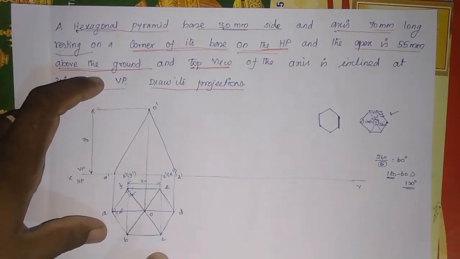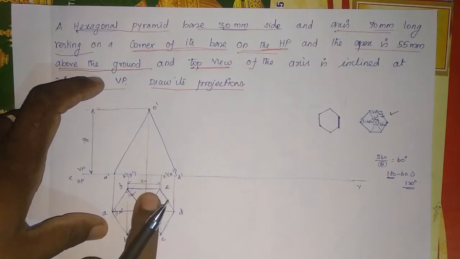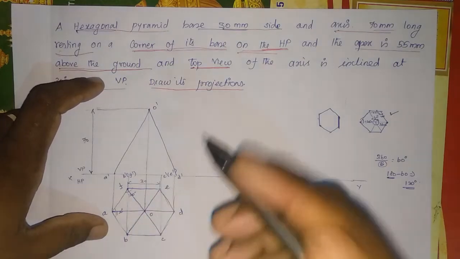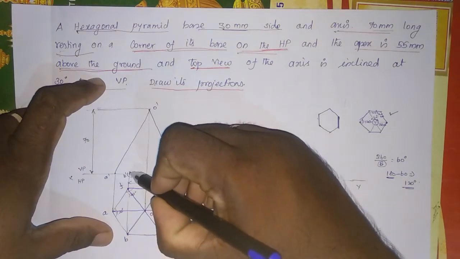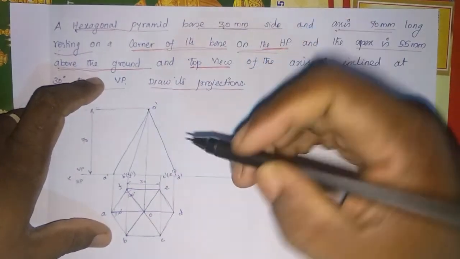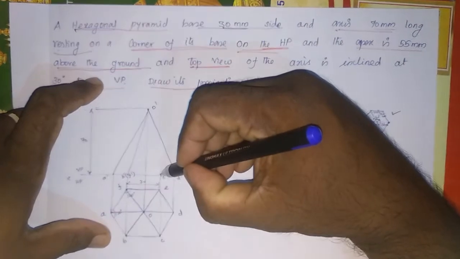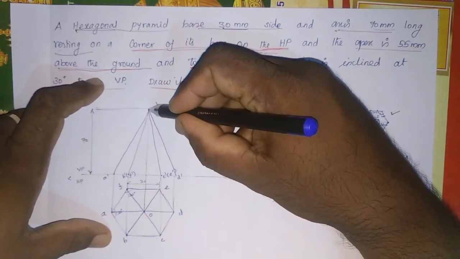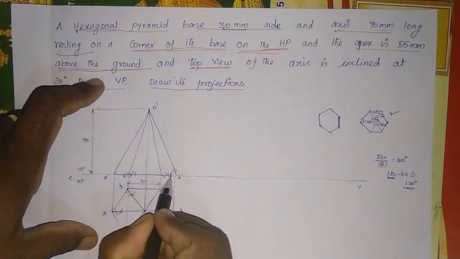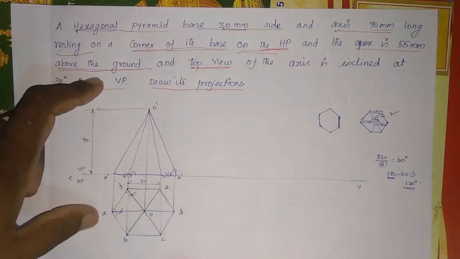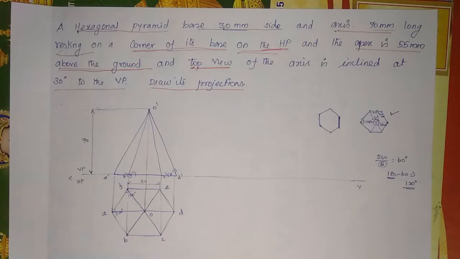We can see OC only, we can't see OE, so that is hidden. OB and OF are in the same line. Similarly OC and OE are in the same line. So this is the base. So this is actually the front view.